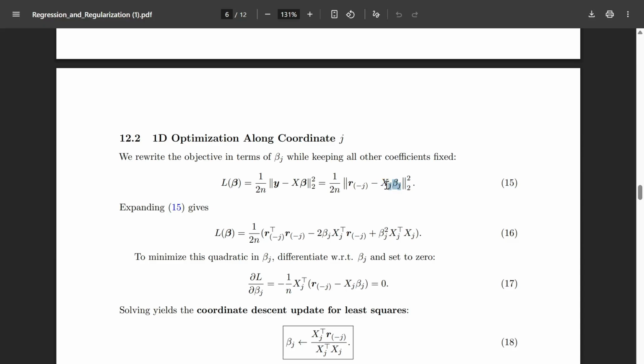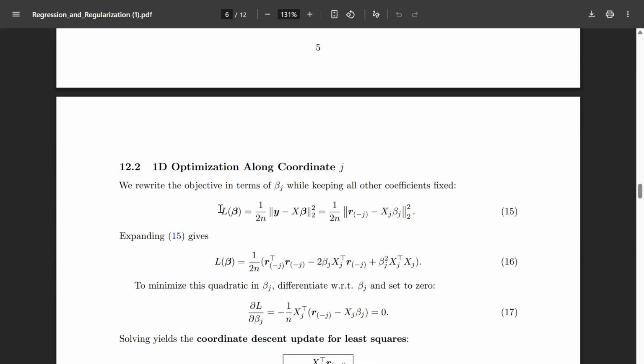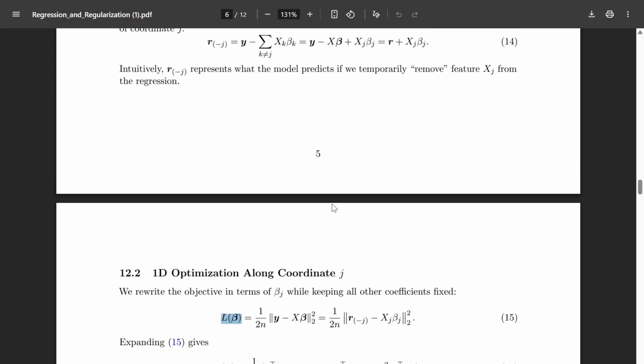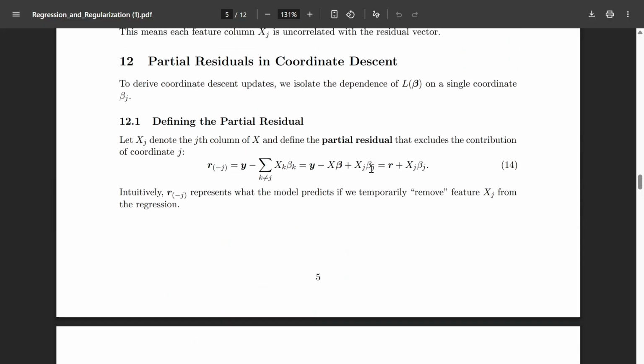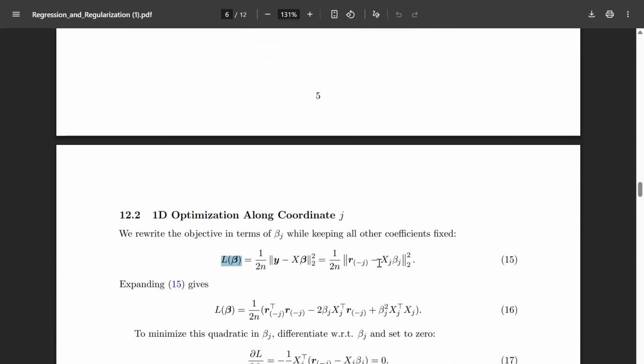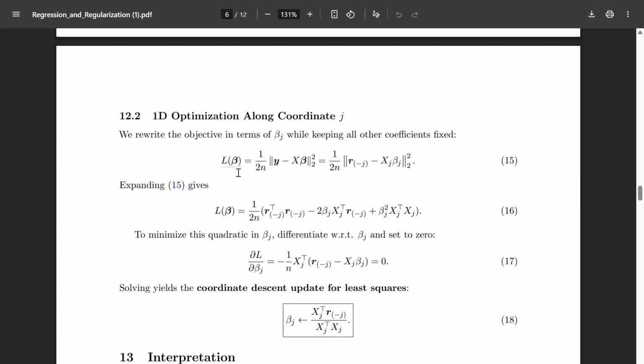This entire loss represents the loss of the entire problem, because obviously r is equal to r minus j minus xj beta j, which is basically r. So what we are trying to say is we are trying to minimize the loss over all beta, right? So this is what we are trying to do.